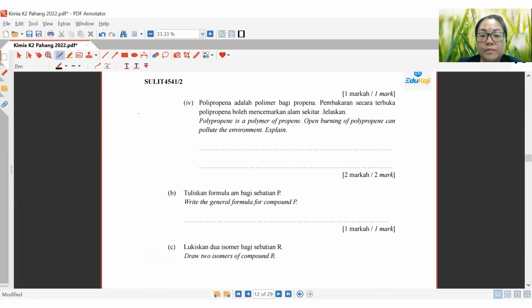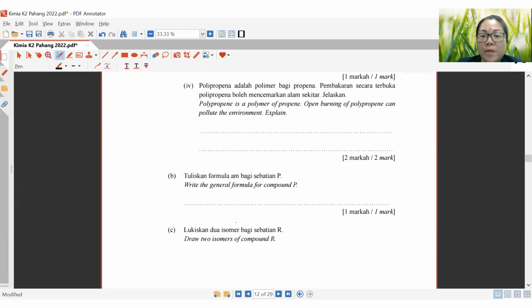Okay, 4. Polypropene is a polymer of propene. Open burning of polypropene can pollute the environment. Explain. So polypropene is a polymer. Yeah, we agree that it's a polymer. So how is it that it can actually pollute, cause environmental problem? So firstly, it will release poisonous gas.